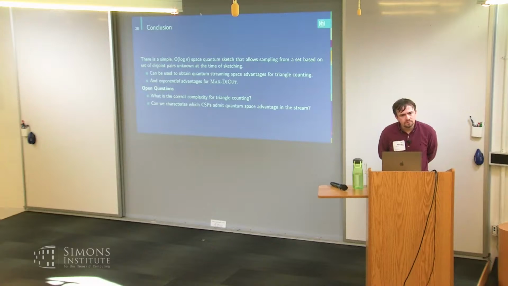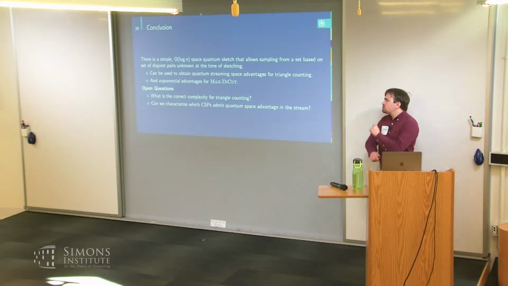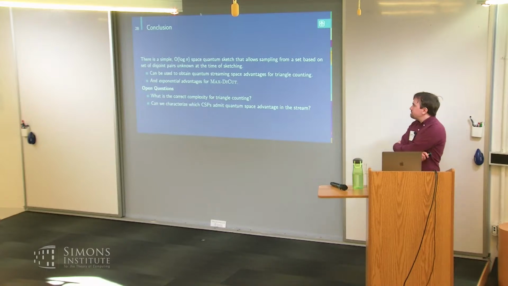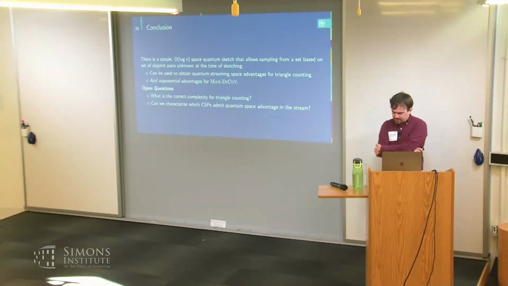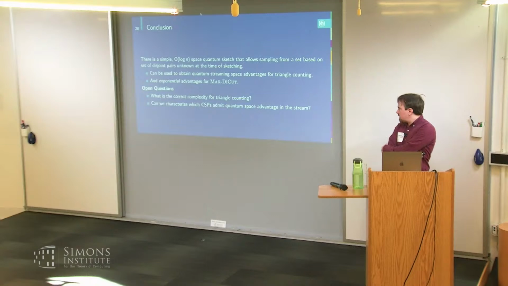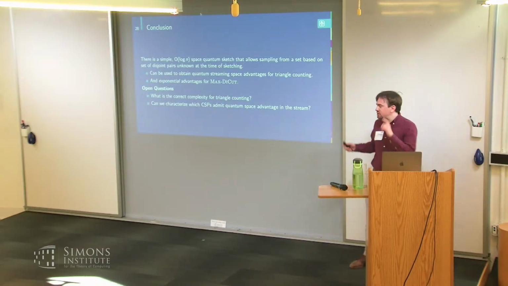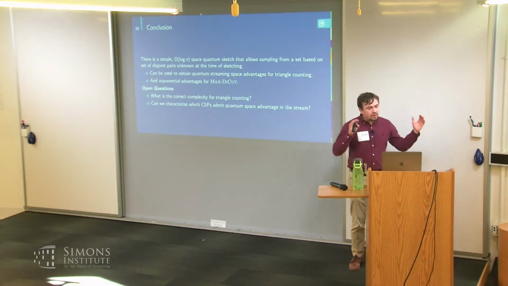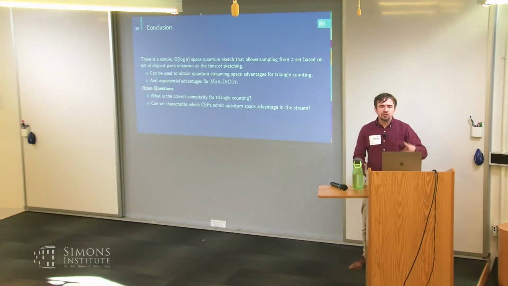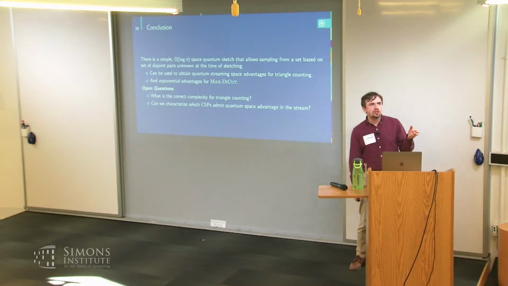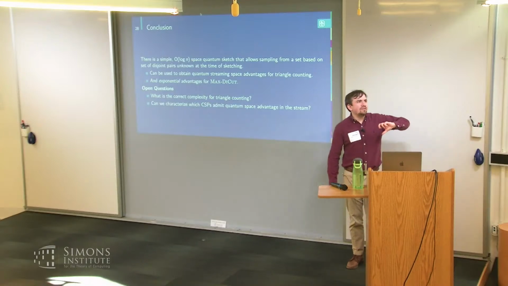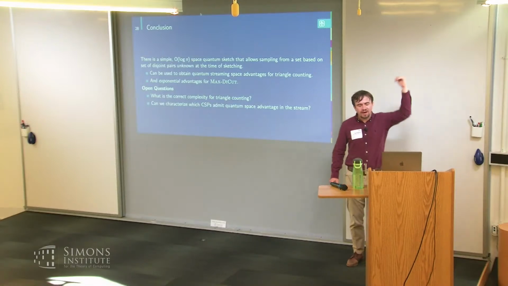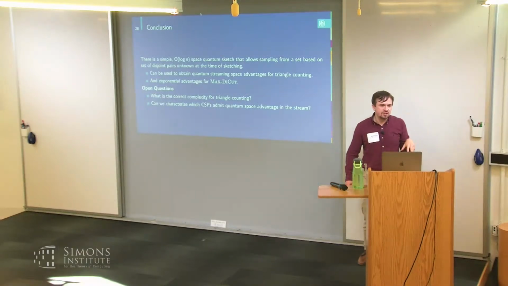Can you use these types of techniques to get dynamic, insertion-deletion algorithms? The sketch is inherently a bit hostile to deletions. When you think of inserting things into the sketch, you could get insertion and deletion with the caveat that your price would be the total number of updates rather than the total number of edges.